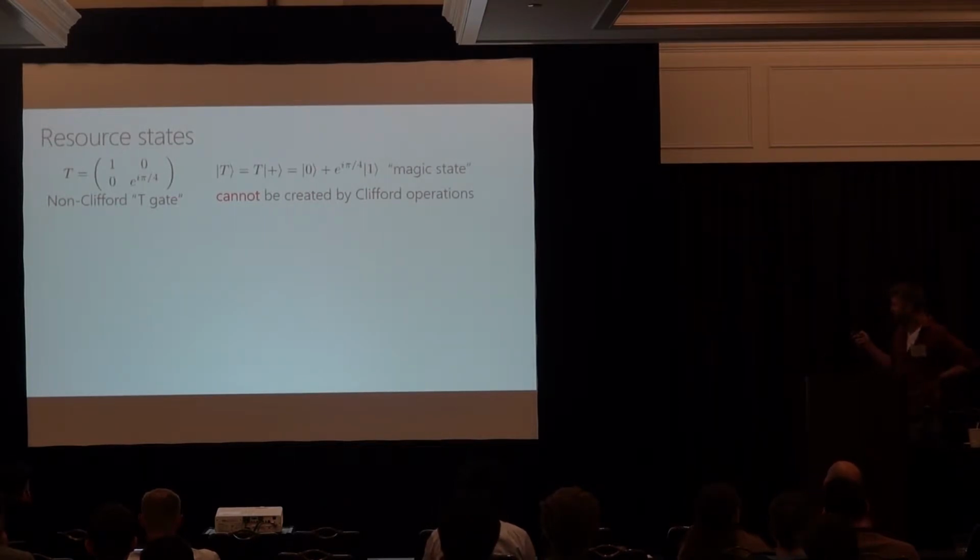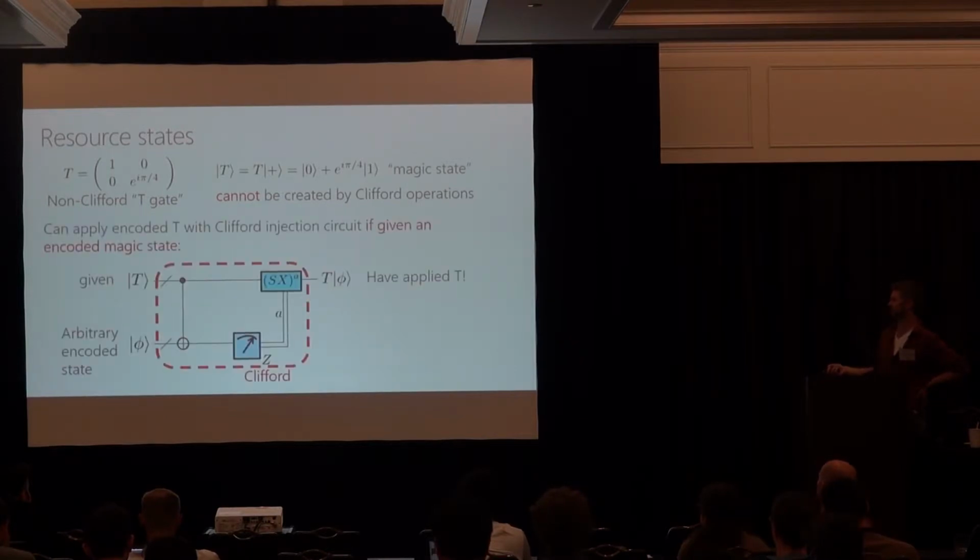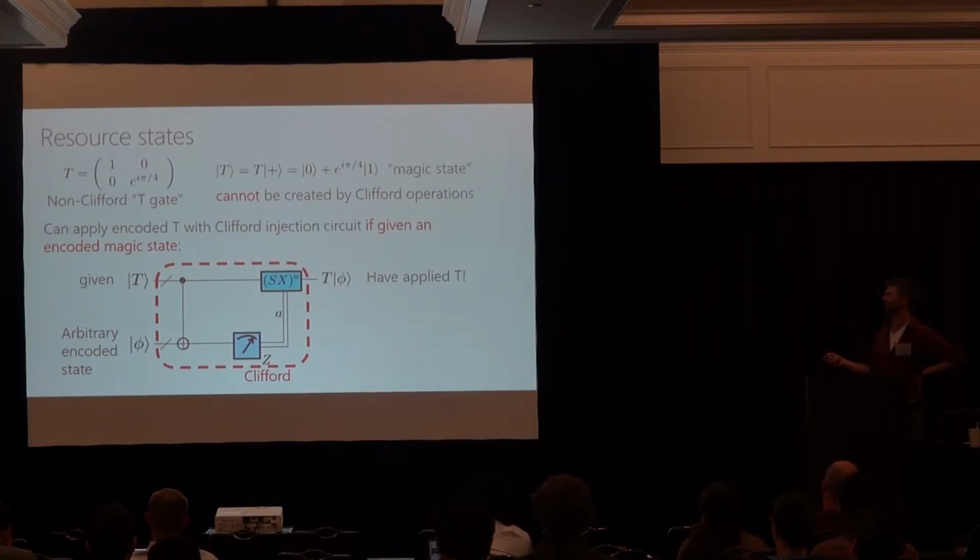Okay. So both of these you can think of in terms of resource states. So this is pretty standard. But if you have a T state which cannot be produced through Clifford operations alone, then it's possible to use that T state through gate teleportation to actually apply the T gate, which is a non-Clifford gate, to whatever state you want.